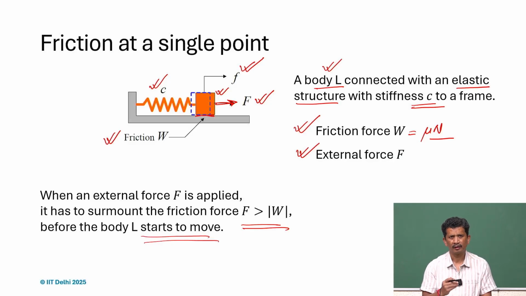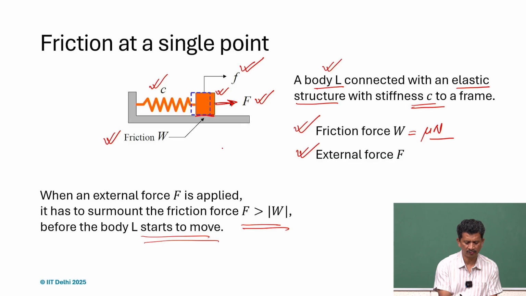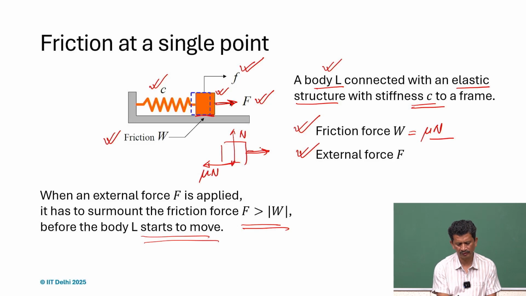So no matter how big or small that force is, if it's below the friction force value, that is W in this case, which can be related to N, if the external force is not greater than W, the body is not going to move. I think it's very easy to understand. So if there is an N here, mu N will be the force acting in this direction.